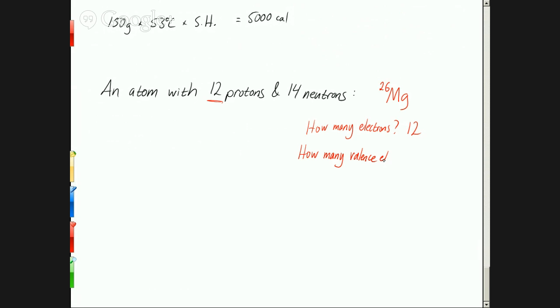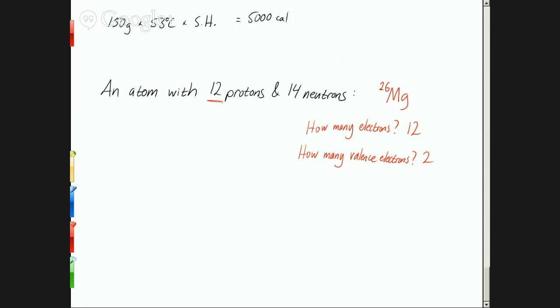How many valence electrons? How did you get 2? Because it's in the second column, column 2A. So you have 2 valence electrons and 10 in the core.